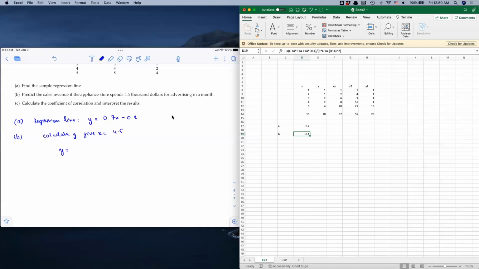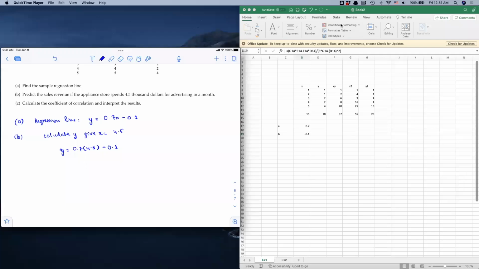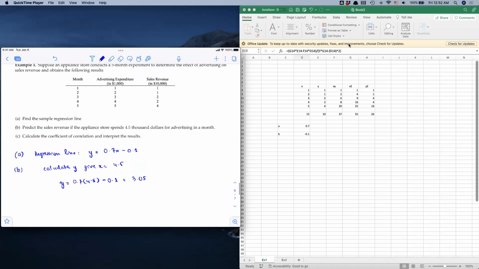So y is going to be 0.7 times 4.5 minus 0.1. If you do the calculations correctly, this is going to be 3.05, and this is in sale revenue, so 3.05, $10,000.